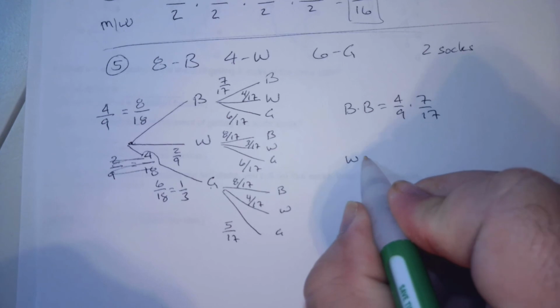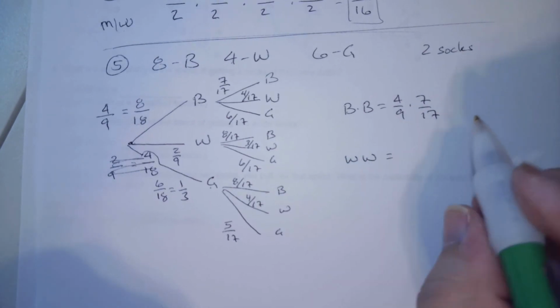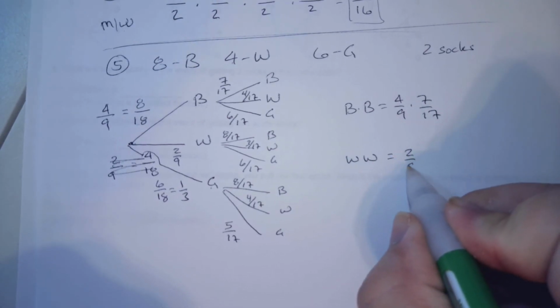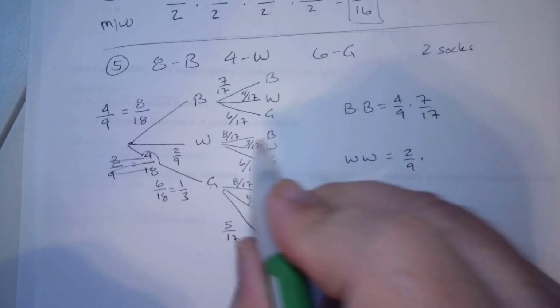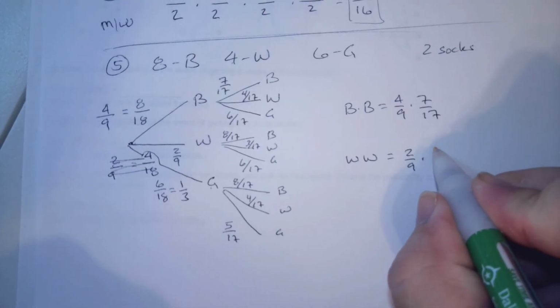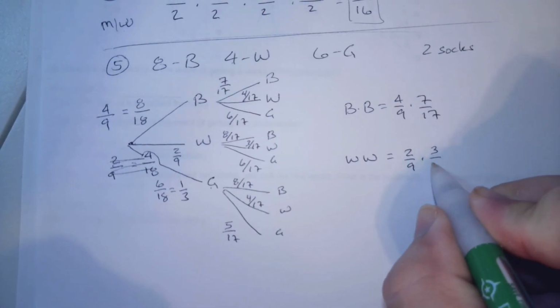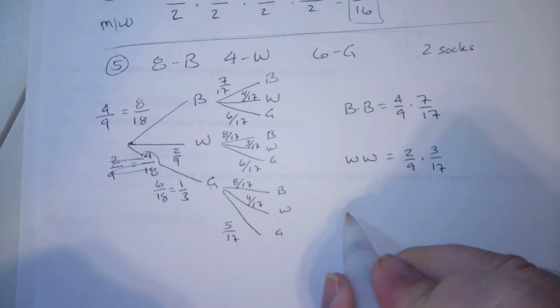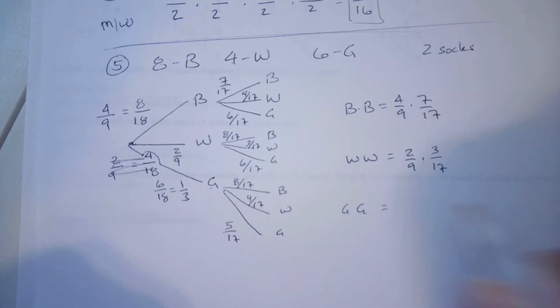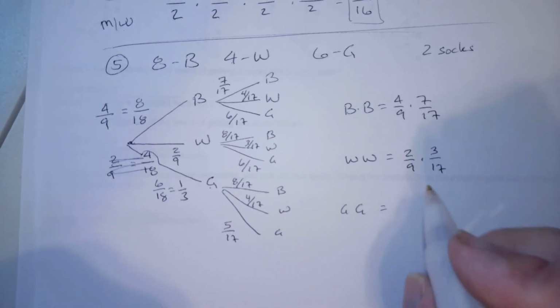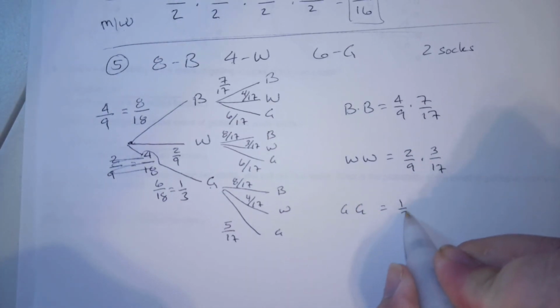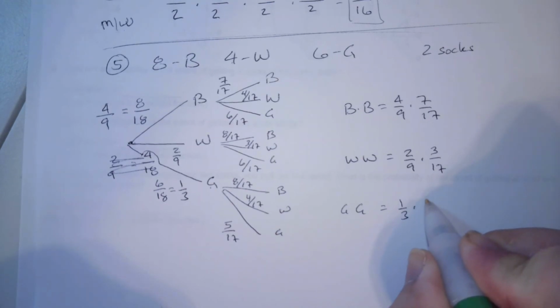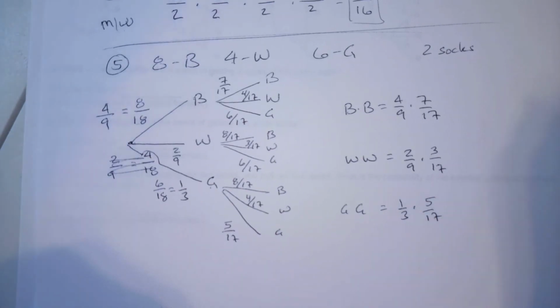How about white and white? So it's 2 over 9 times 3 over 17, and then gray. It's 1/3 times 5/17.